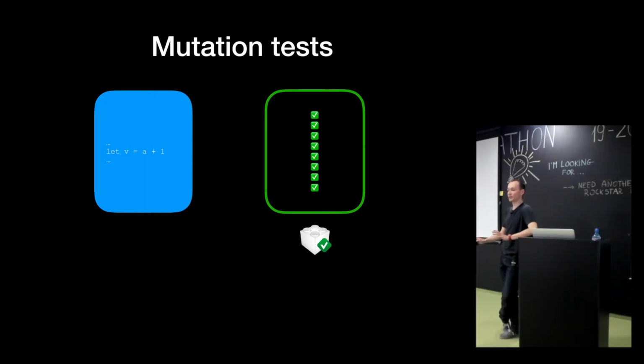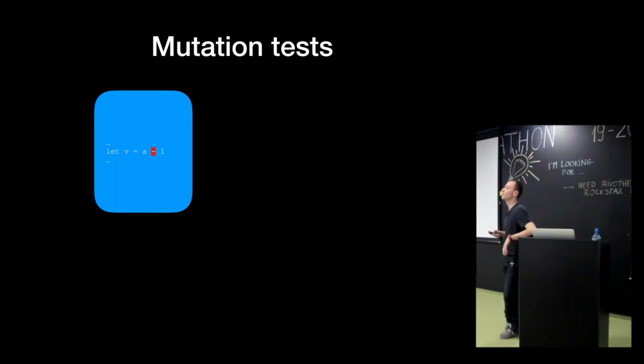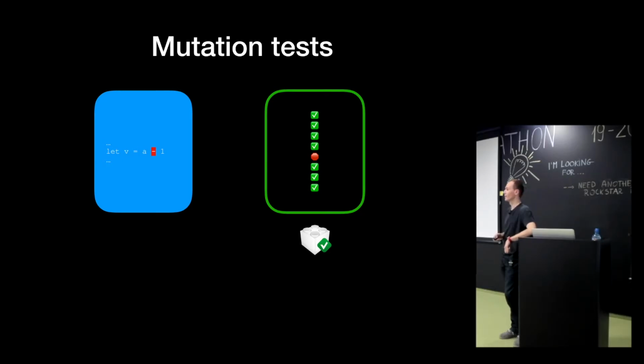That's the starting point. Then the tool takes your implementation and tries to mutate it somehow. For instance, replace a plus with a minus, the simplest mutation. This is called creating a mutant. And once we change the behavior of our implementation code, we are expecting that at least one test will fail. In case all the tests are still green, it means that we had a backdoor. We have a hole in our tests. We are not verifying something.